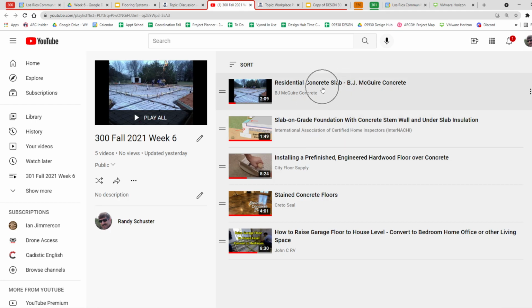They're pretty straightforward. Just to remind you what a slab on grade really looks like. This one is really nice, and it goes into more than just the slab. It's a very, very nice SketchUp version of what's going on. This one you'll probably want to watch fast.